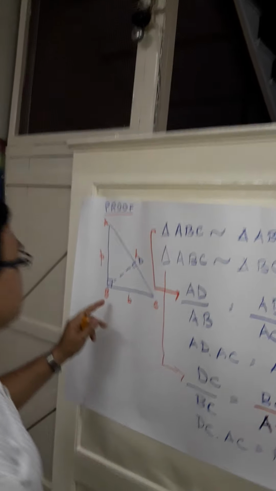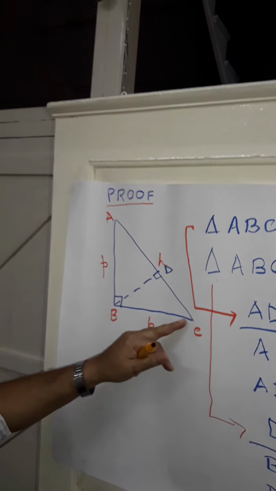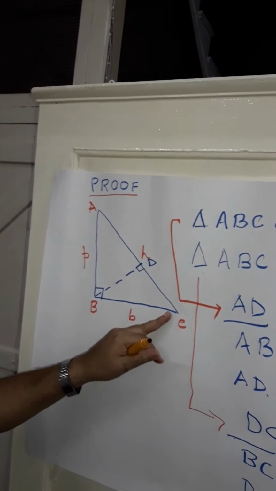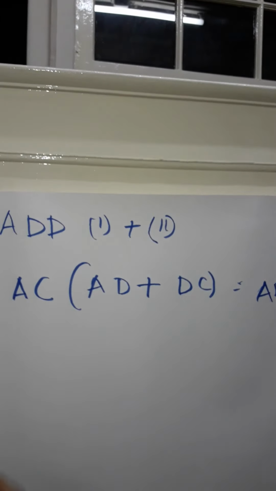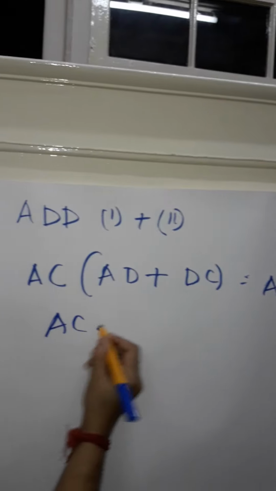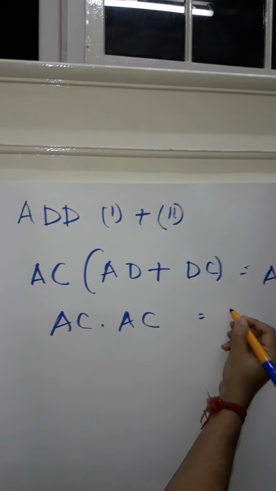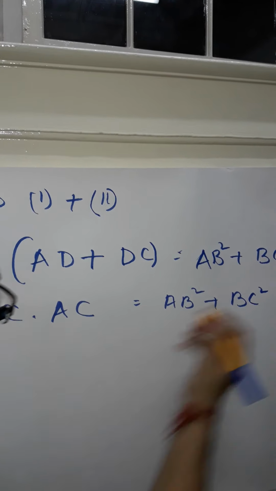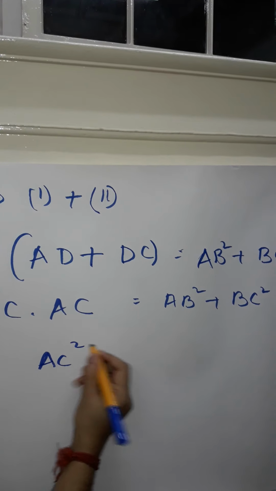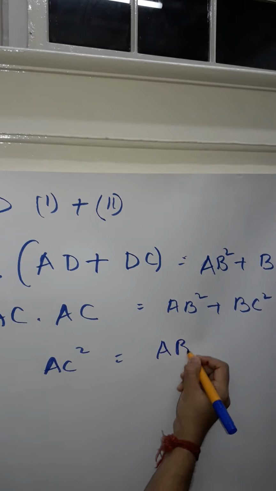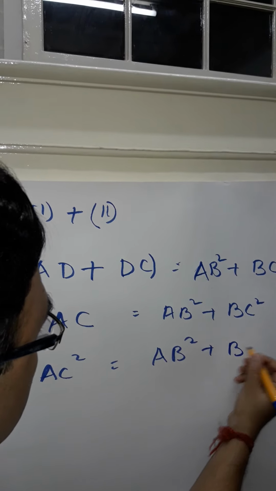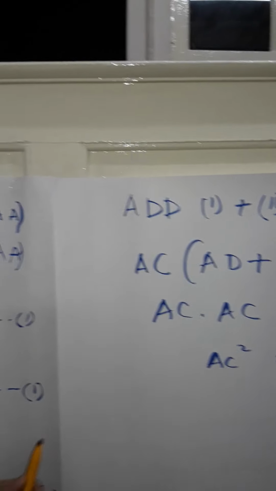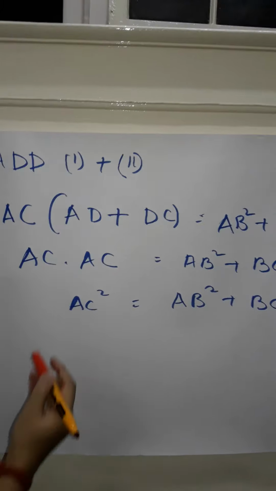Now if you look over here, AC into AD plus DC, and AD plus DC will give you AC. So we get AC into AC is equal to AB squared plus BC squared, or AC squared is equal to AB squared plus BC squared. So this is the proof that we wanted to do.